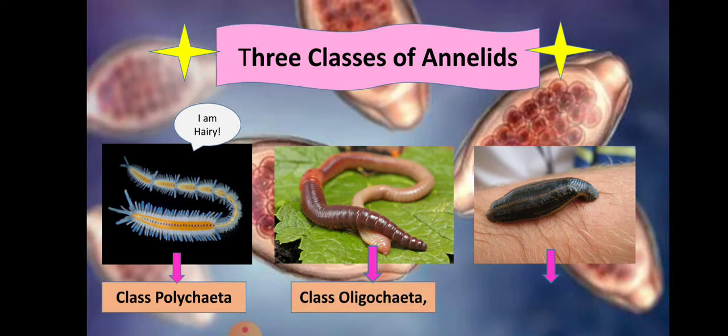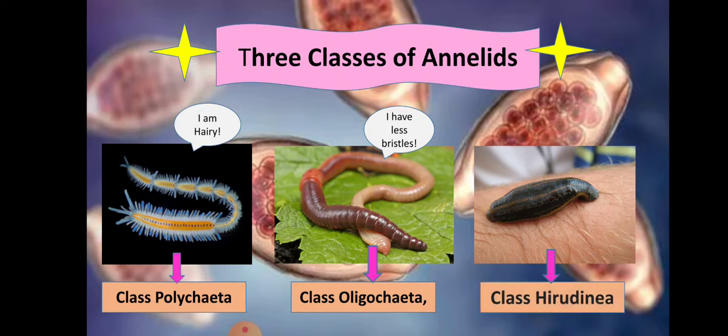Next is the class Oligochaeta, the marine, freshwater, and terrestrial annelids. Unlike bristleworms, they have fewer bristles. One example is the popular earthworm.